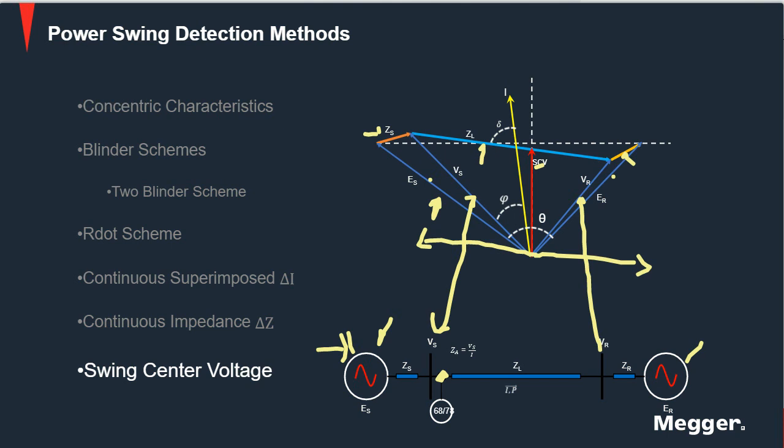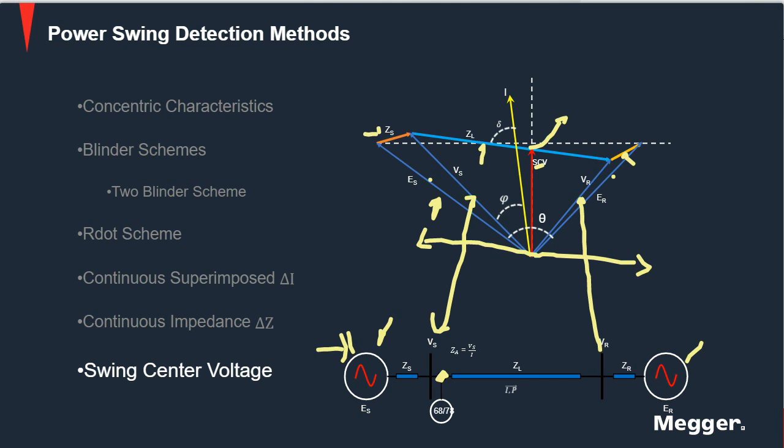Now, what we do is we create an equation that gives us the position of the center voltage, or the swing center voltage. As the voltages oscillate, there's going to be a point where that voltage is going to be 0. That's the swing center voltage.